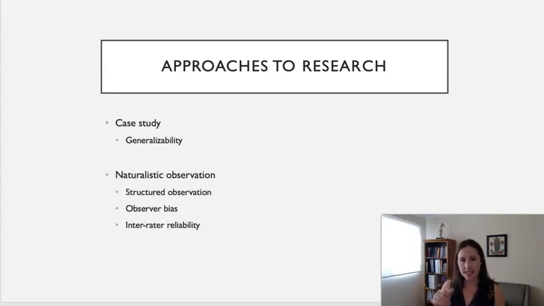Next type is case studies. For case studies, this is sometimes called clinical studies as well. This is when you look in depth at one person or a few people. For example, a few famous case studies.